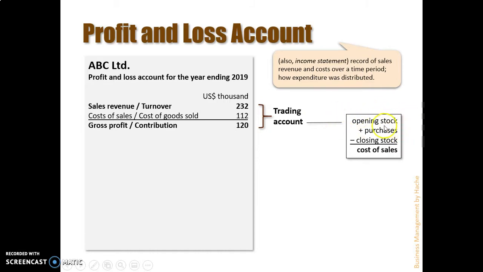Okay, you have to add the purchases for the current year, and then you have to subtract the closing stock, because obviously when the year ends, you will have some additional stuff in stock for the following year. So by adding and subtracting these values in dollars, you finally get the cost of sales.